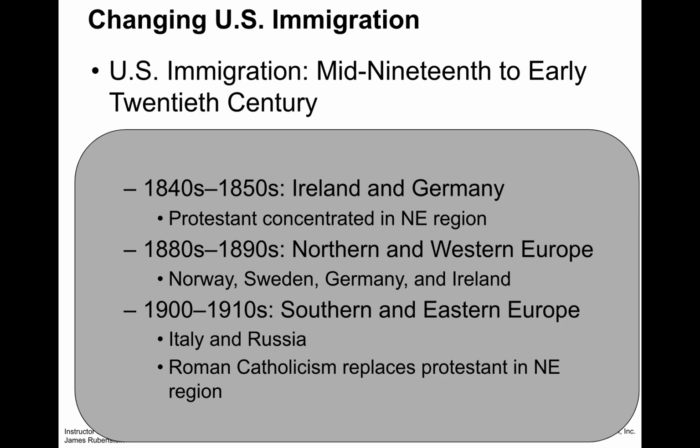The 1880s and 1890s are represented by Northern and Western Europeans. Primarily, two-thirds, or about 50,000 per year, of Scandinavians came across. Swedes and Norwegians, because the Industrial Revolution had diffused to Scandinavia, triggering a rapid population increase and migration to the United States.